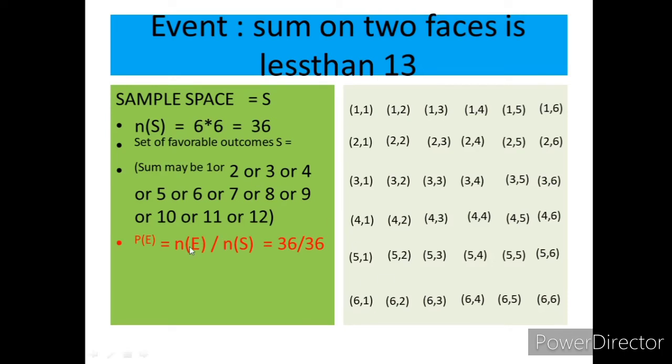Here n of E is 36 and n of S is 36. Therefore 36 by 36 gives 1. That means events whose probability is 1 are called sure events. Here, getting a sum on two faces less than 13 is a sure event. Shall we move to another problem?